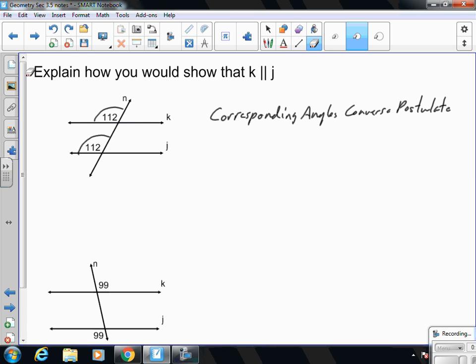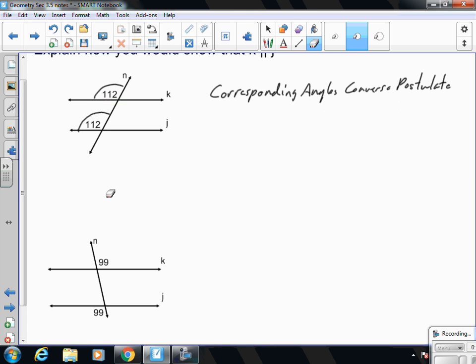All right, so then the next one down there, got two angles that are both 99 degrees. And what's the relationship between those two angles? They're alternate exterior angles, so what would tell us that if the alternate exterior angles are congruent, that the lines are parallel?